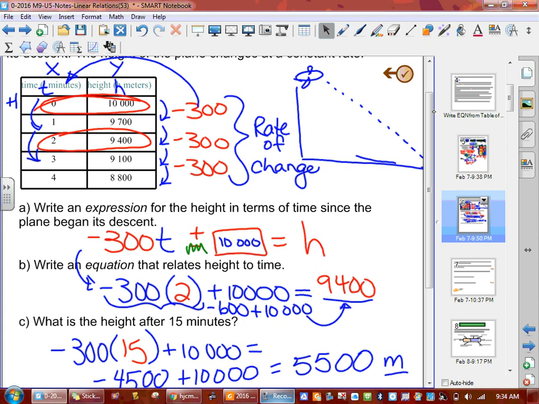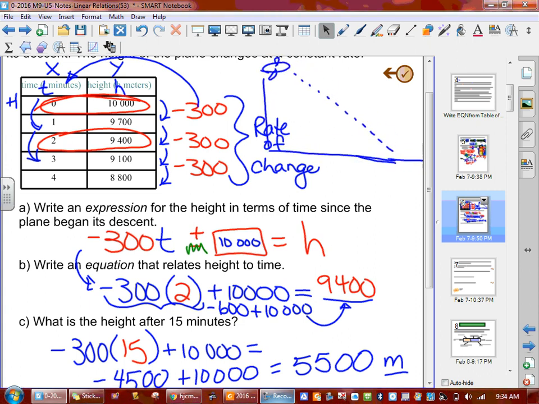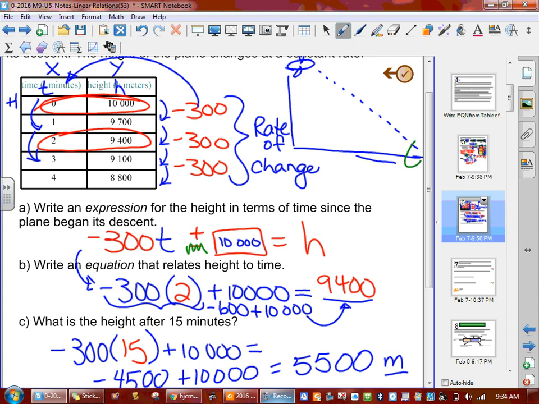So on the x line, or on the ground, is the plane going up or down at all on the ground? No. So on the ground, we call the ground level 0 for height.